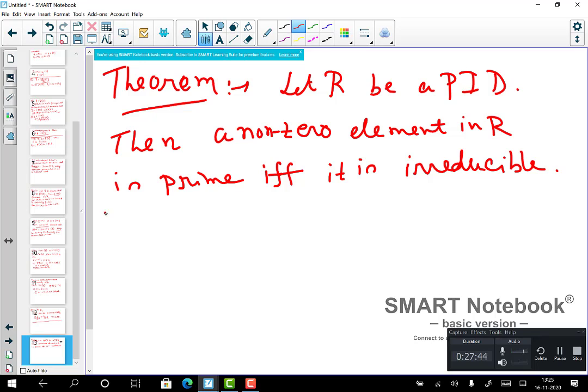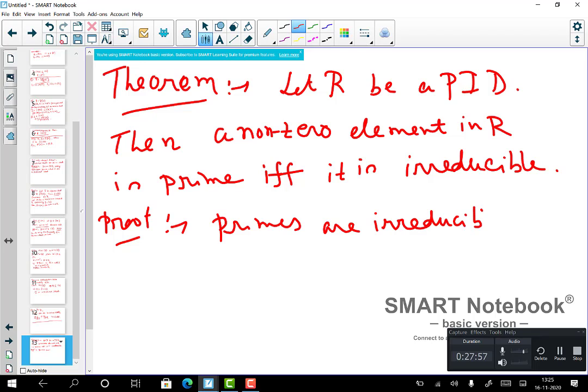Proof. So these primes are irreducible in any integral domain, right? So in a PID also.